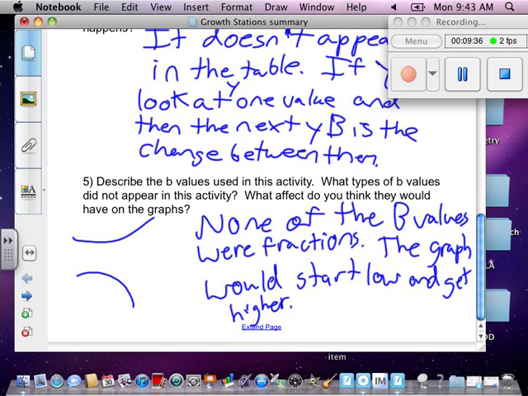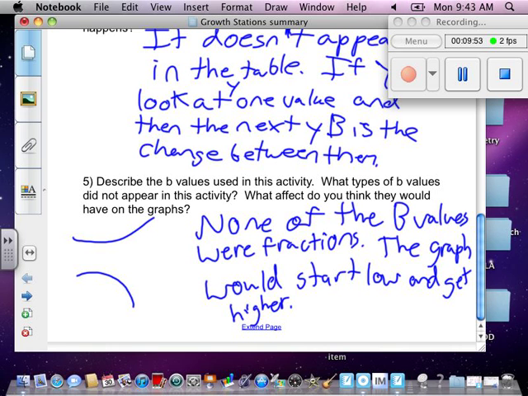Okay. And we call this exponential growth because it's going up. So if it was going the other way, what do you think that would be called? Exponential growth starts low and gets higher over time. The other one starts high and gets lower.